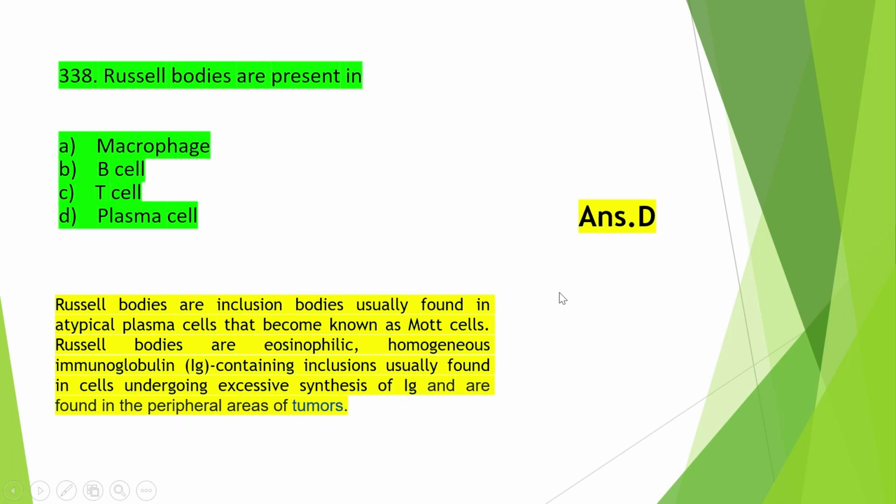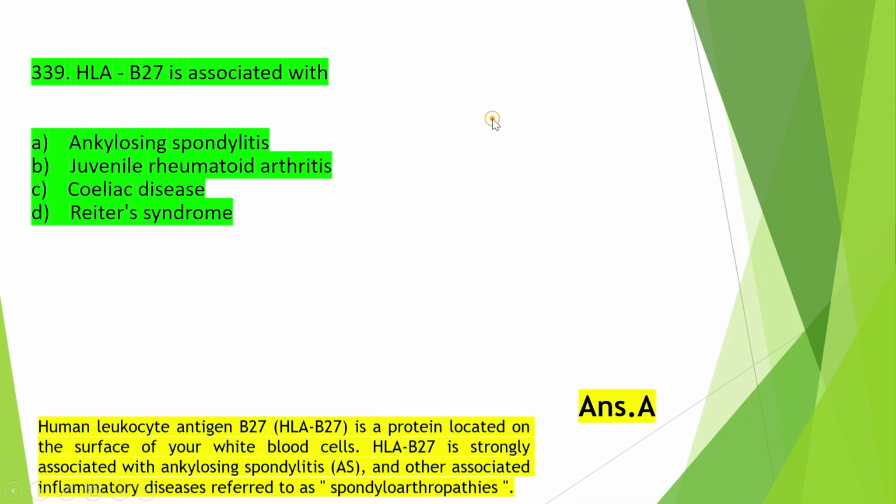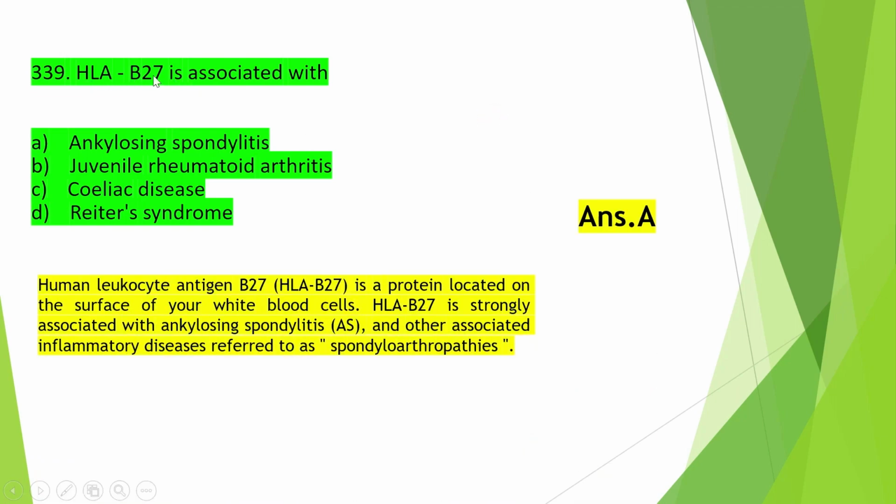Okay. Now move on to the next, that is HLA B27 is associated with ankylosing spondylitis or juvenile rheumatoid arthritis or coeliac disease or Reiter syndromes, and the right answer is option A. So HLA-B27 is associated with ankylosing spondylitis.